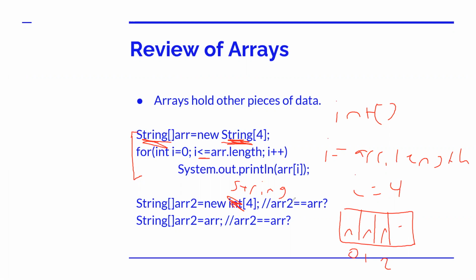Position 2, null. And position 3, null. There is no position 4, so it would go out of bounds in this case, and this would just give us an error. But if this were just a less than sign, it would print null 4 times.